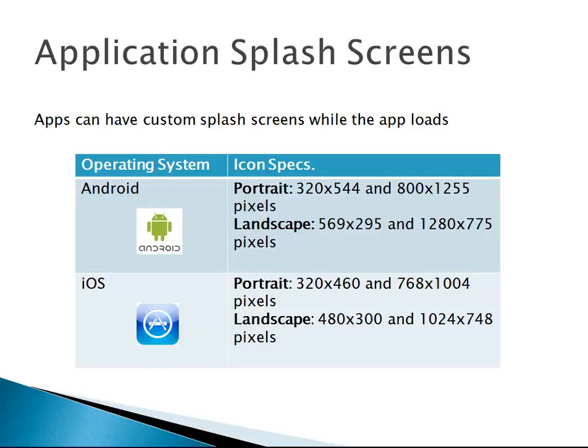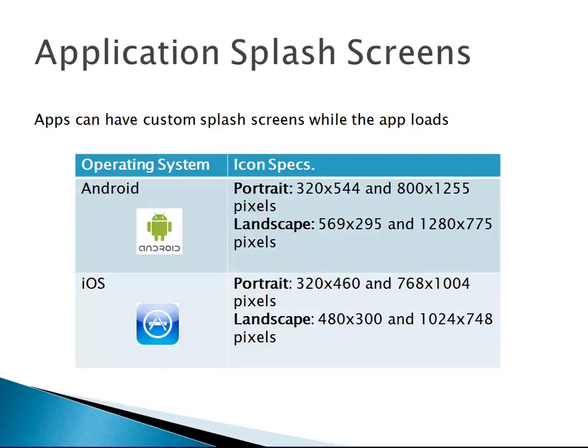Okay, so the specifications. On Android, you need a portrait, which is 320 width by 544 height, and also 800 width by 1255 height. And for landscape, it's 569 by 295 and 1280 by 775.